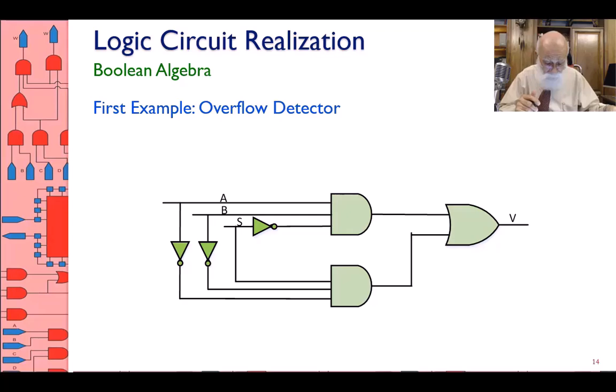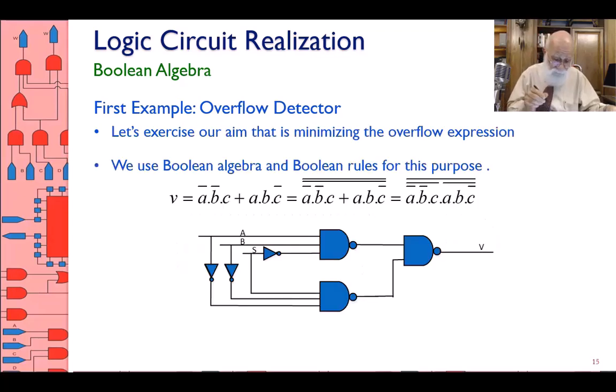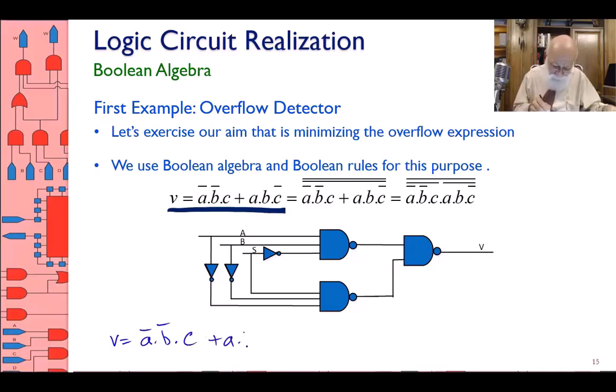All right, so what I do is I write the equation. The Boolean equation for the overflow is, let me do this by hand, that would be a lot more understandable. So I have V is A bar, B bar, ANDed with C, ORed with A, B, ANDed with C bar.